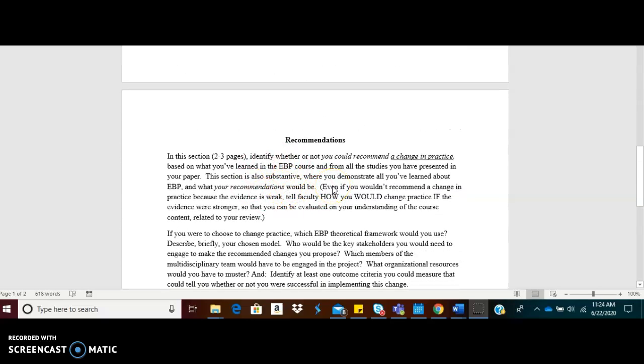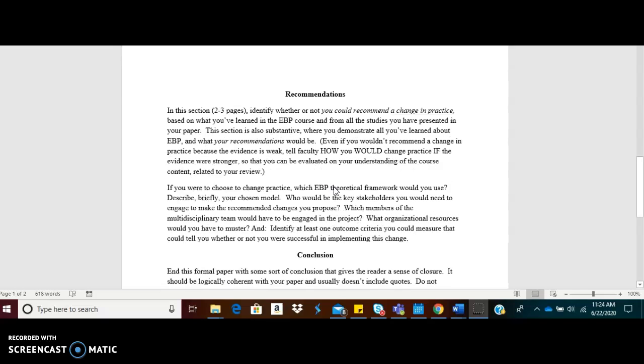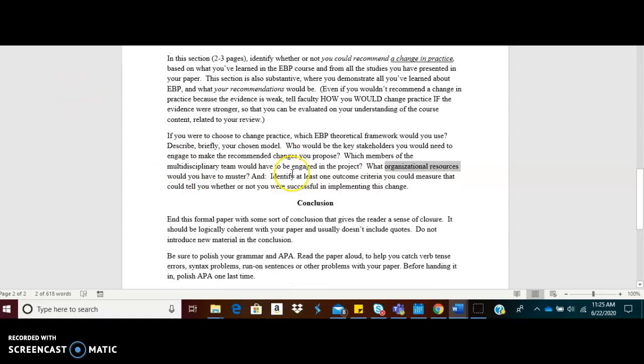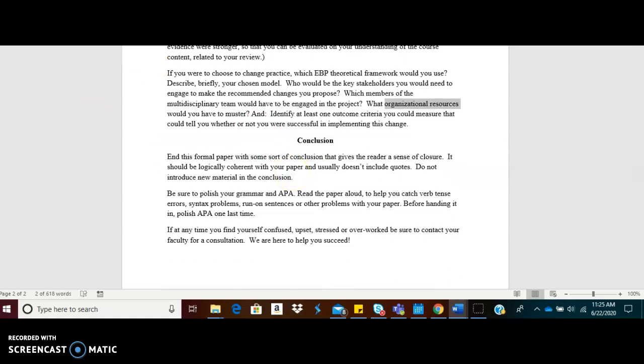Again, I'm encouraging you to use the key words that you see, including theoretical framework, key stakeholders, organizational resources. When you use these words, I know that you're addressing that. Then you have your conclusion.